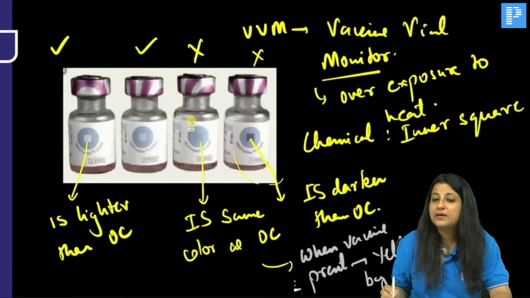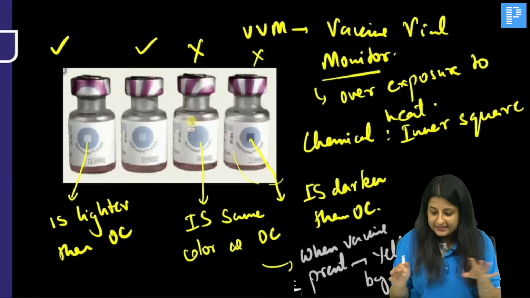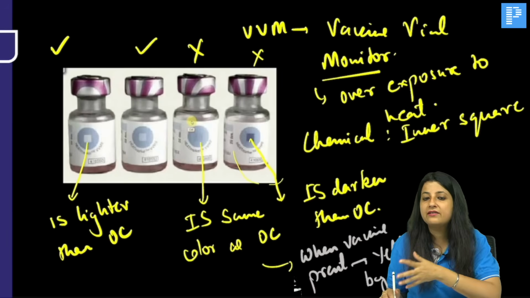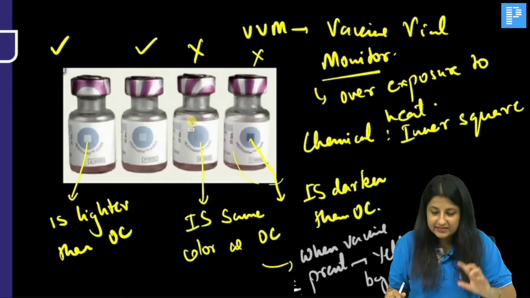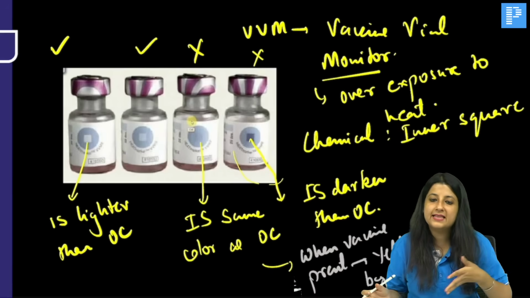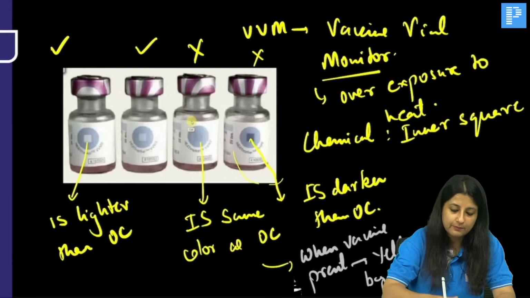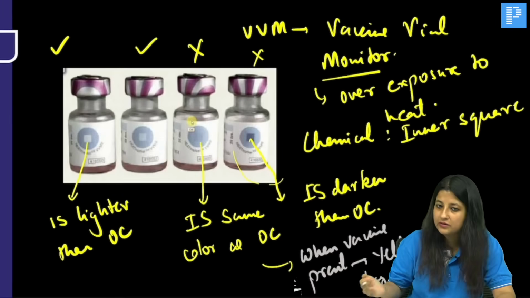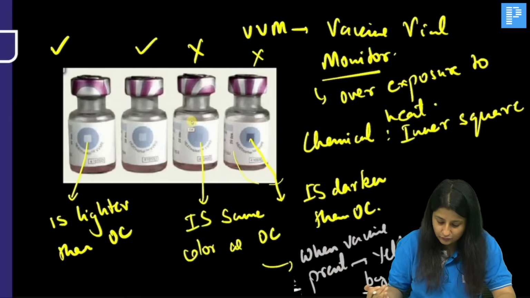But if the question is simply a vaccine vial or a broken vaccine vial, then of course it goes into the blue bag. But जब उसमें vaccine है, then it goes into the yellow bag.